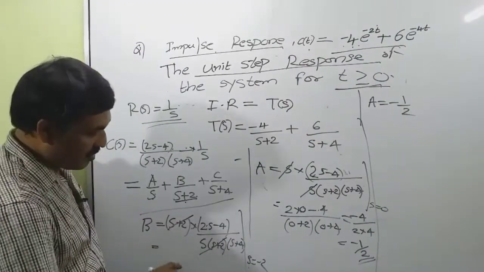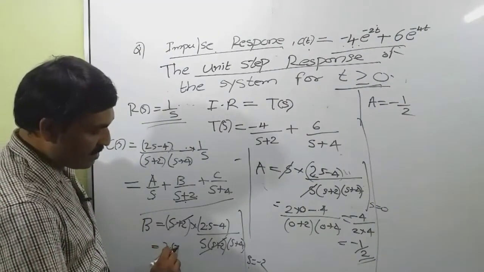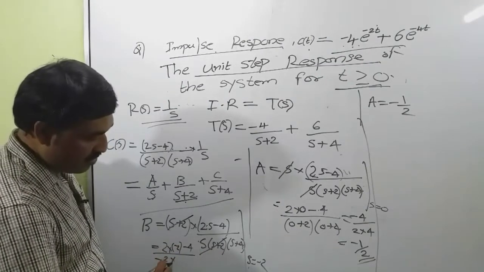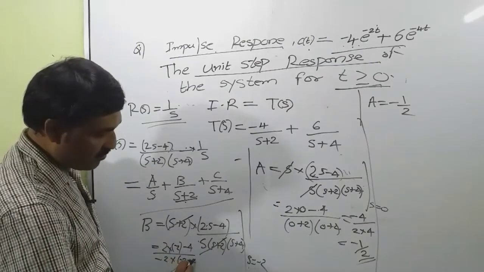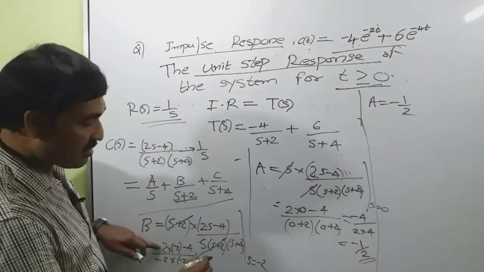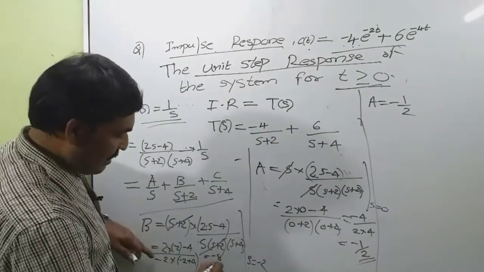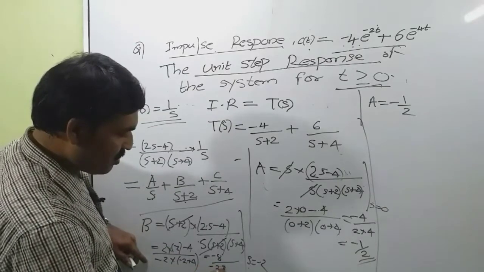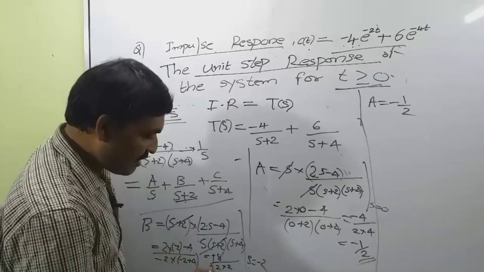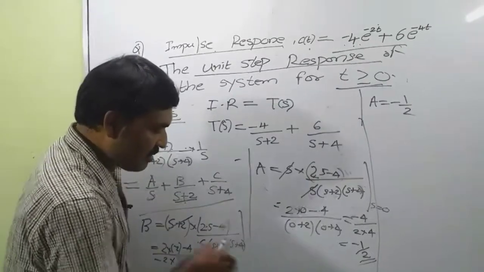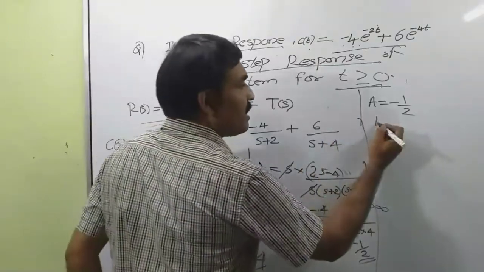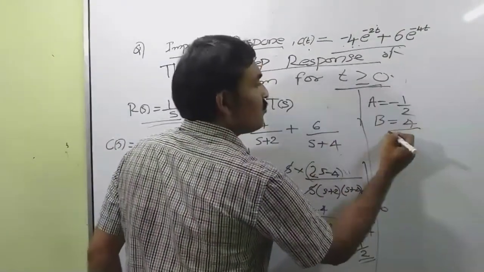So this is equal to (2 into minus 2 minus 4) divided by minus 2 into (minus 2 plus 4). So this is equal to (2 into minus 2, minus 4), that is minus 8 divided by minus 2 into 2. The minus and minus will cancel, 8 by 4, that is equal to 4. So the value of B is equal to 4.